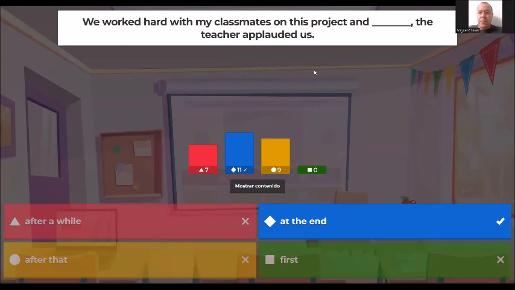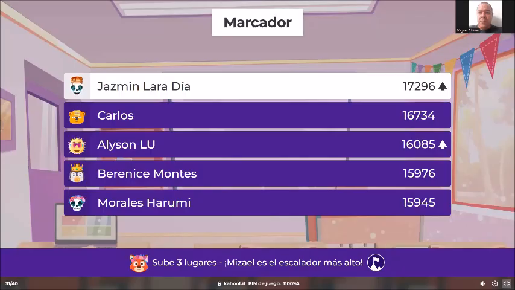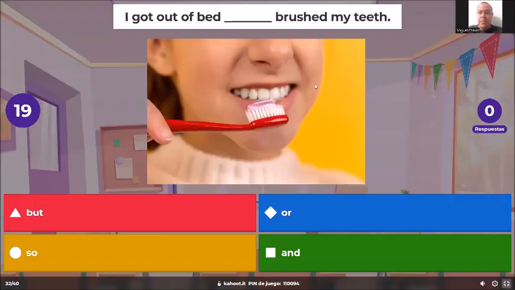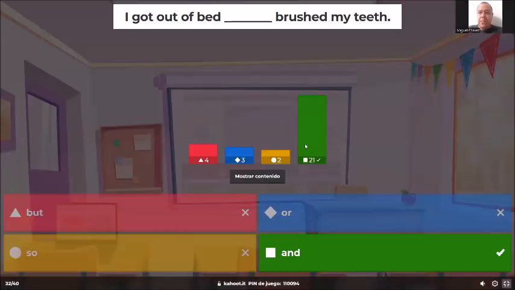We worked hard with my classmates on this project, and at the end, the teacher applauded us. I got out of bed and brushed my teeth.